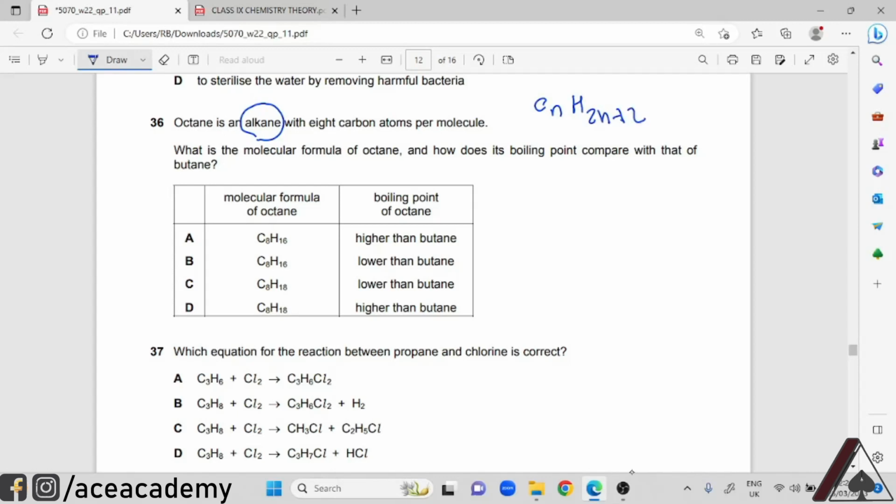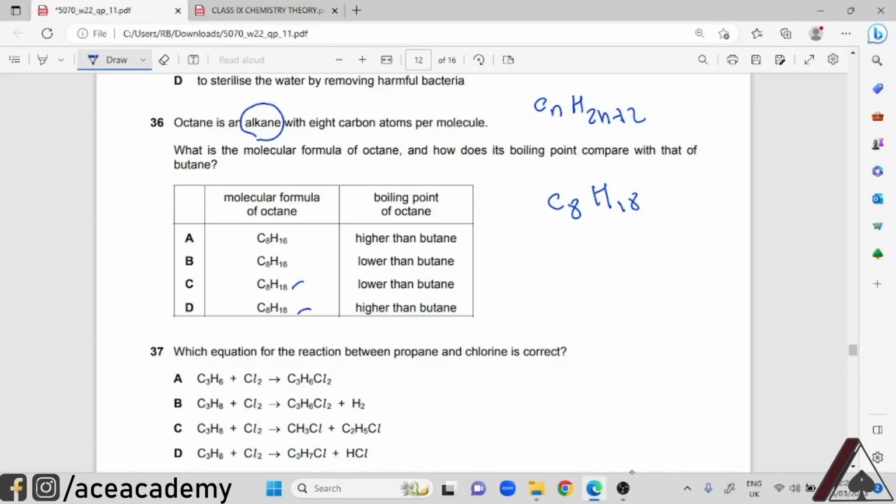As a result, since octane has 8 carbons in its main chain, the formula is C8H(2×8+2), which gives us C8H18.